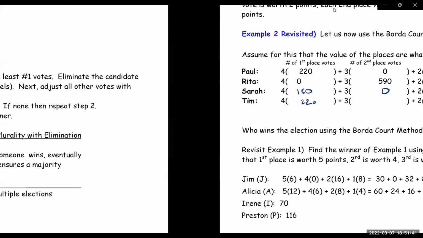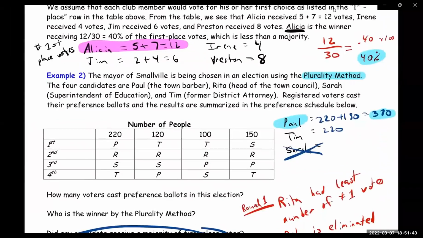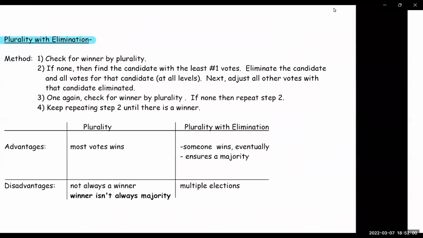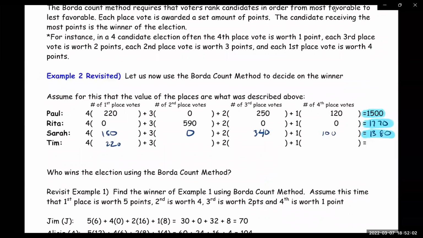Second place votes for Tim, none. 0. Third place votes, none. And then fourth place votes, 370.